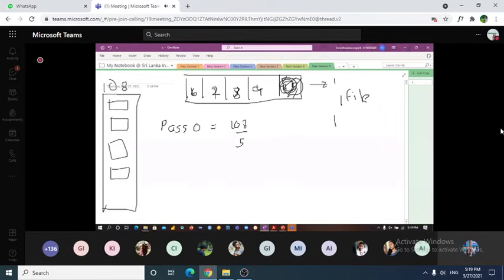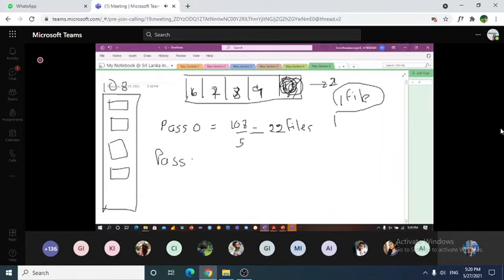Then comes the second file. Likewise, 5 by 5 I did, and finally I'm getting 22 files here. But I can't stop from here. Why? My final aim is to go for pass 1. Pass 0 is only sorting. From pass 1 onwards, it's merging.